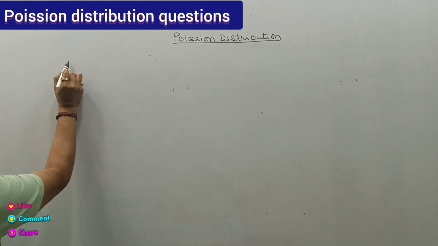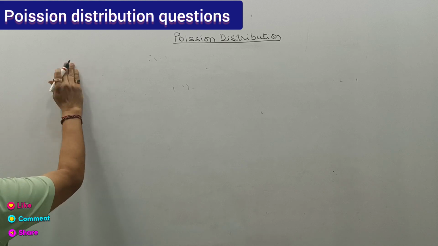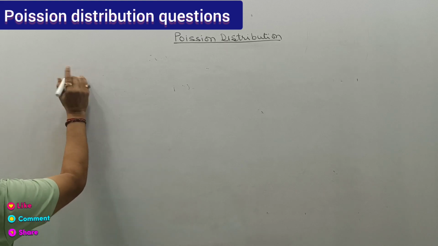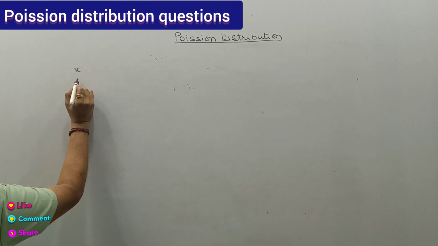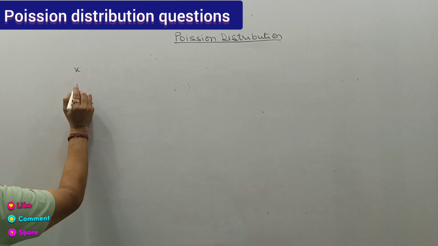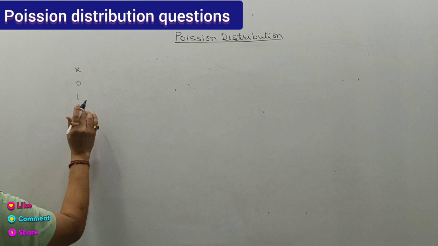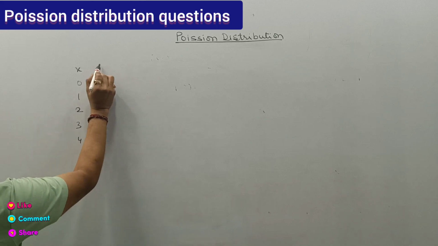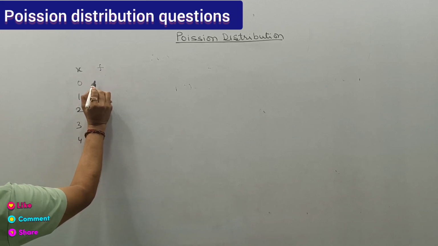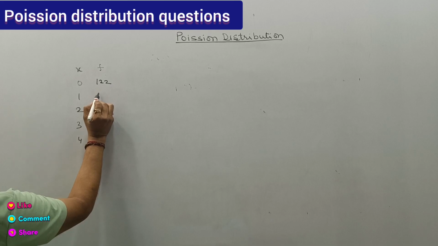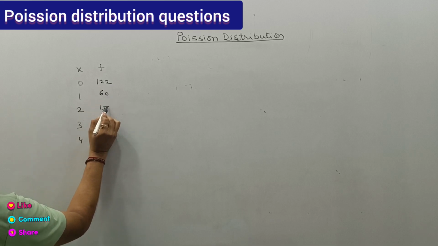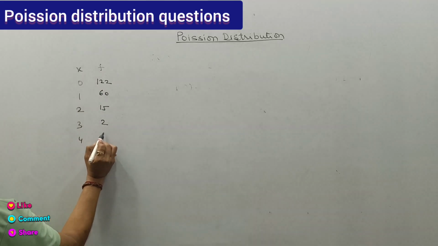Here the data is given: the value of x is 0, 1, 2, 3, 4, and the frequency of the data is given as 122, 60, 15, 2 and 1.